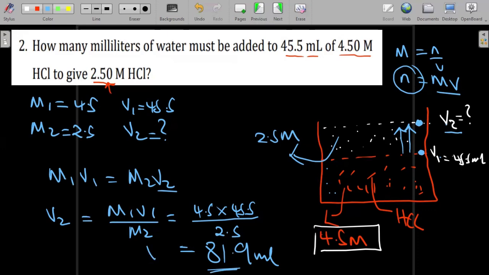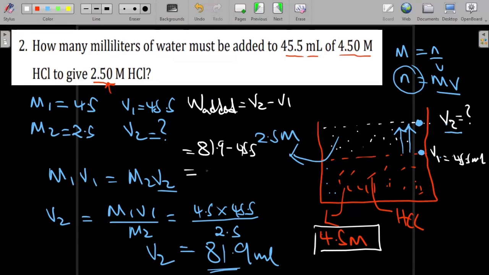So this here is our V2, but our interest is not in the V2. Our interest is in the water which is added. So water added is just going to be equal to V2 minus V1. V2 is 81.9 minus V1, which is 45.5.